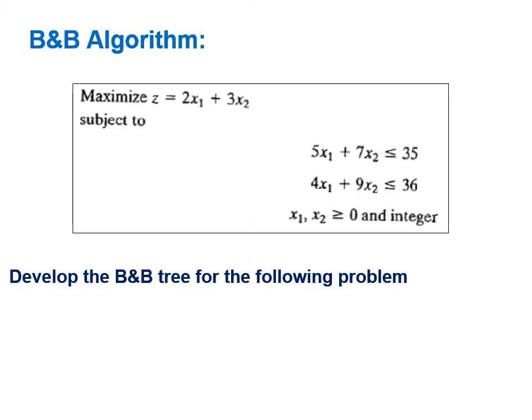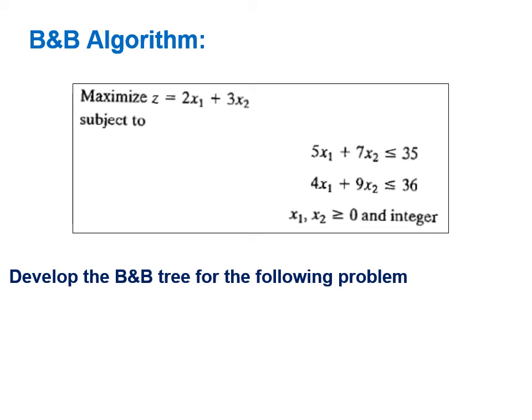Okay, now it's time to test yourself to see if you can solve a problem using the branch and bound algorithm. So please work on this example. Try to solve this problem using the branch and bound algorithm. You see, it's a problem with two decision variables. It means that you can calculate the optimal solutions using the graphical solution method.